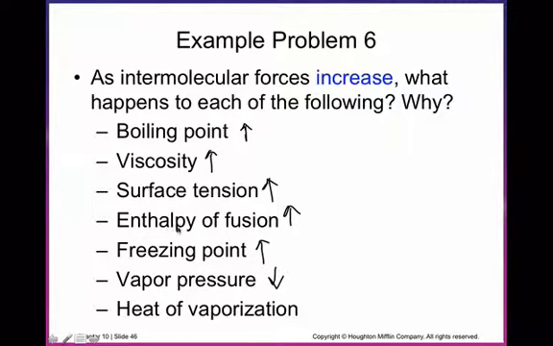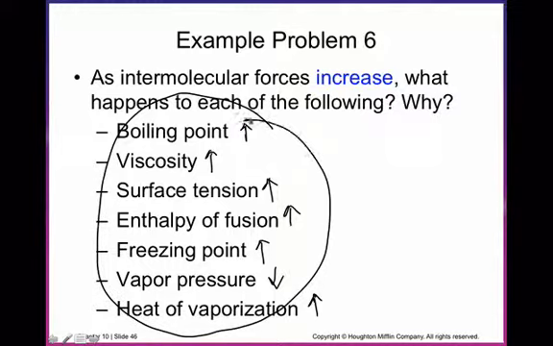So the heat of vaporization, the energy it takes to vaporize a substance, should go up because you have a greater attraction between those molecules. So this is a very important concept. You need to be able to take this idea of intermolecular forces and apply it and use it to explain these different trends or observations that we see.